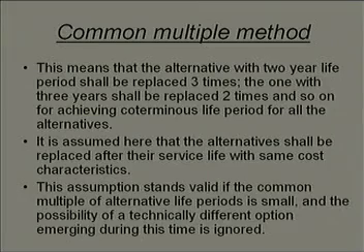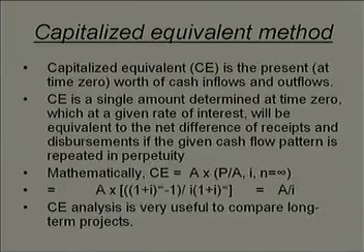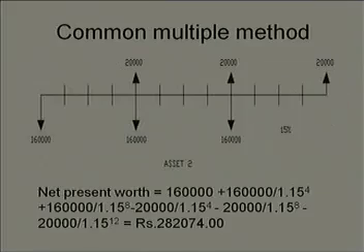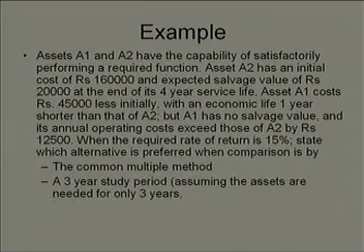Now, I will give you a quick example. Please note down this problem. It says assets A1 and A2 have the capability of satisfactorily performing a required function.